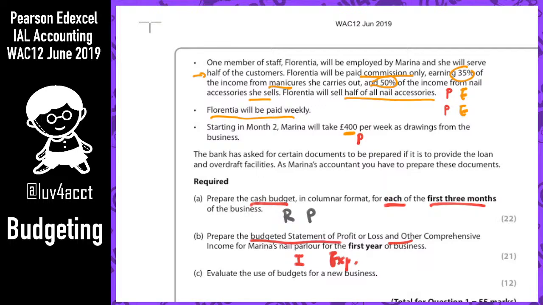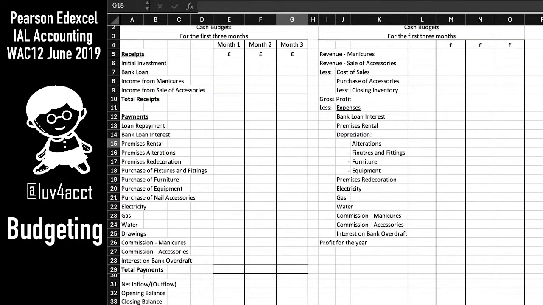Okay, so I hope you understand all the points discussed. Let's take a look at this that I prepared in advance. Okay, so in this cash budget, and budgeted statement of profit and loss, I have listed all the points that we have just discussed. Okay, for receipts, we have these 4 points, and then for payment, a long list. Okay, and then we have total receipts, total payments.